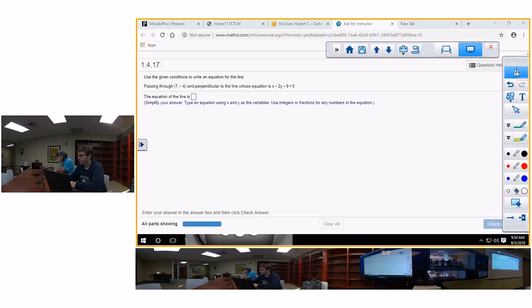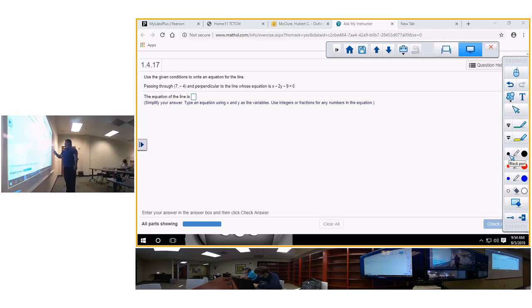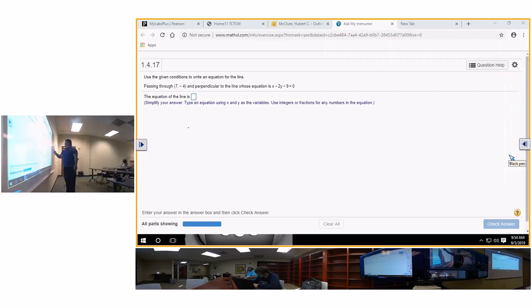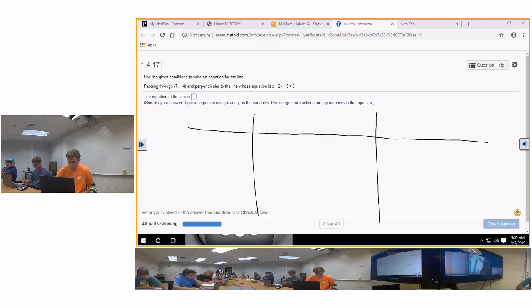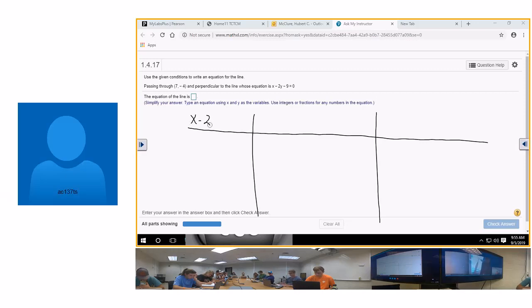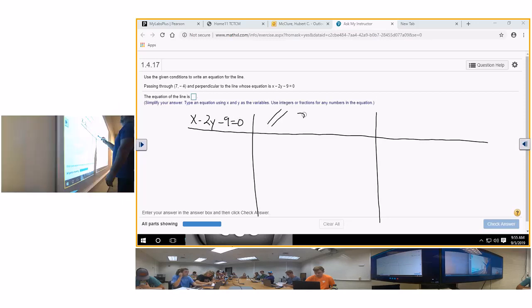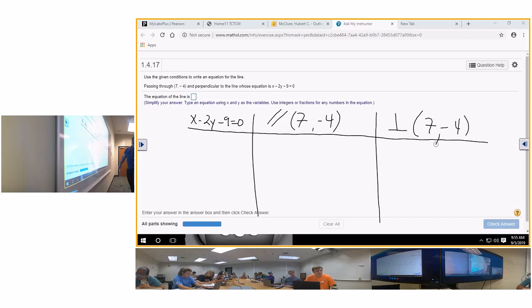Yep. And I'm going to do both, the parallel and the perpendicular. So x minus 2y minus 9 is equal to 0. Parallel, 7, negative 4. Give y'all a minute to work on it.